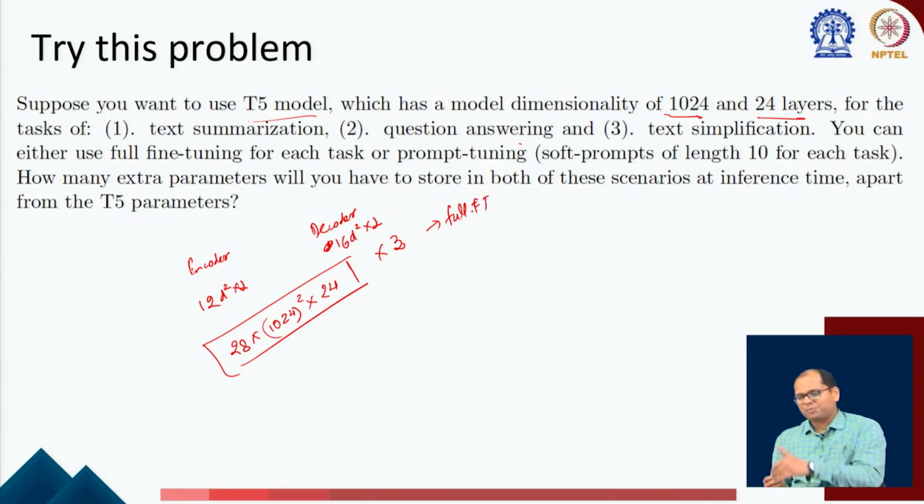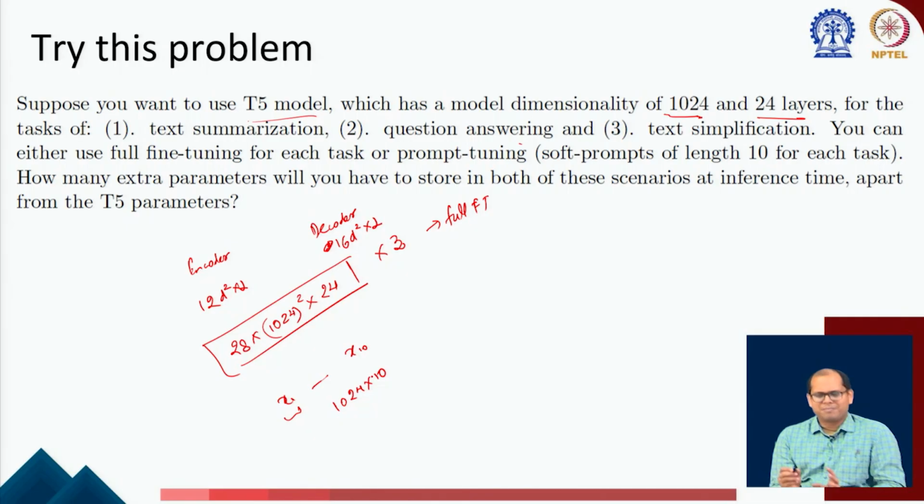But if you use soft prompts of length 10 for each task, that means for each task I am using tokens x1 to x10, and each token will have a learnable embedding of the same dimension as the model dimension, that is 1024. So 1024 cross 10, that many parameters per task, roughly 10k cross 3 for 3 tasks. You see, it's much smaller than what you are doing with full fine-tuning.